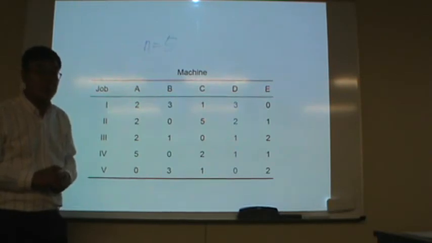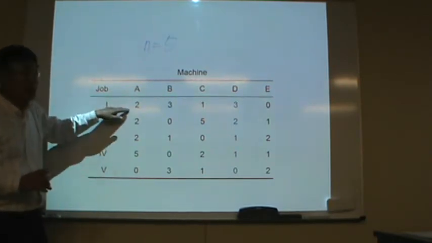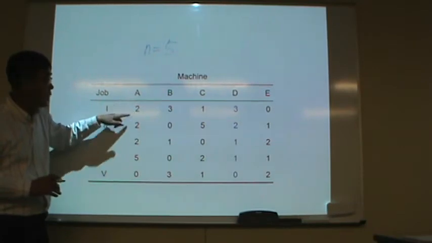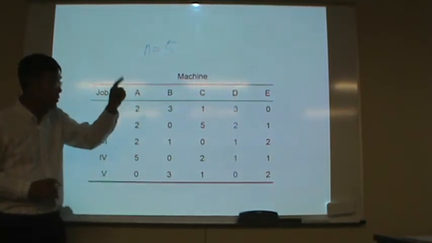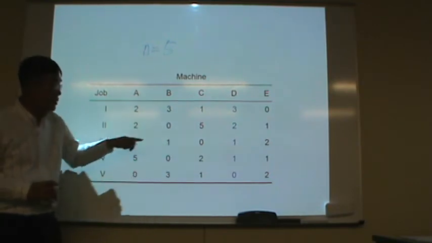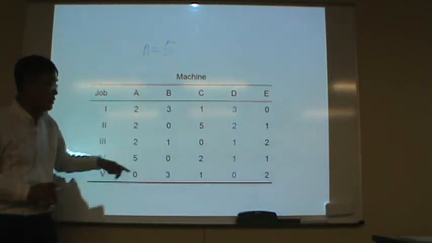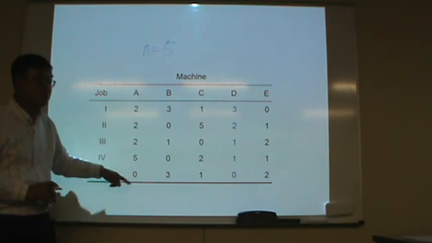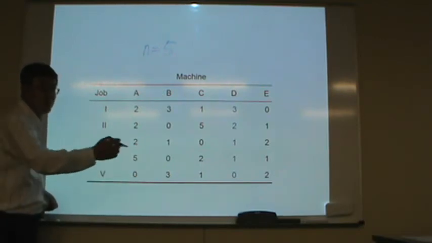Do you know what I mean? Okay, first row, how many 0? 1. Second, 1. Third, 1. Fourth, 1, 2. Cover that one first.